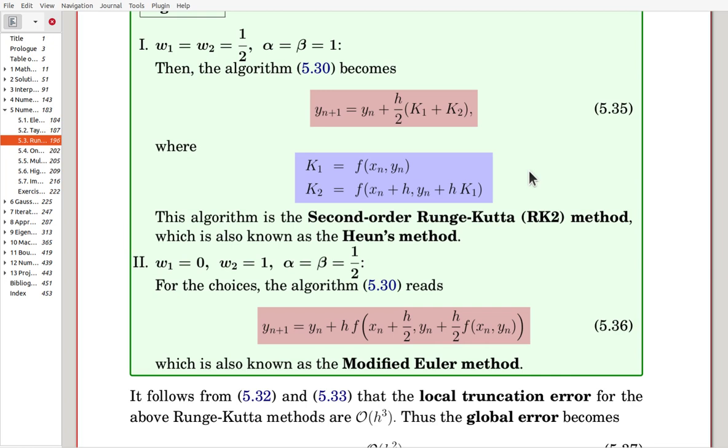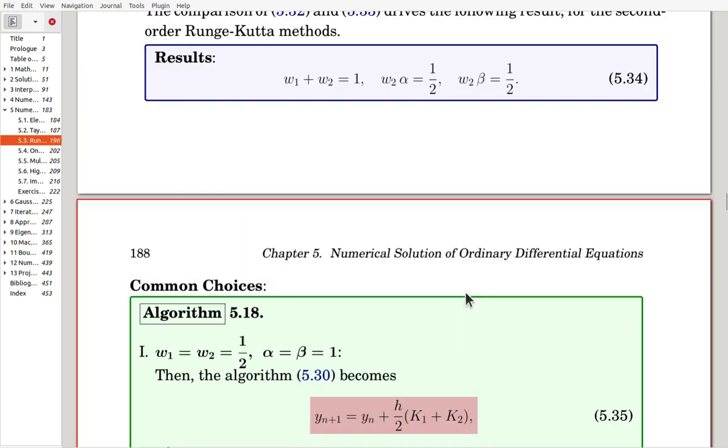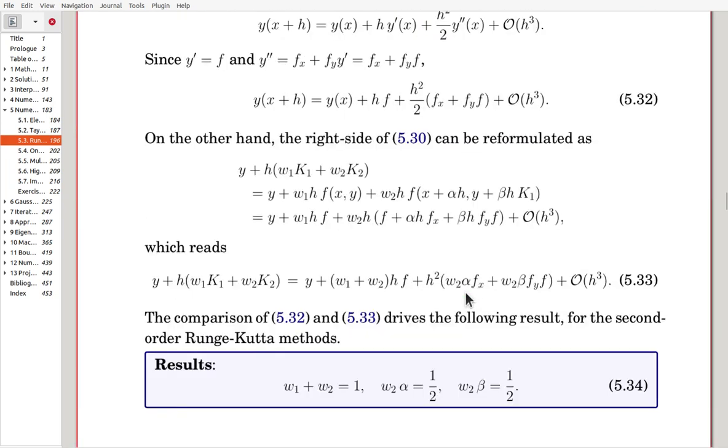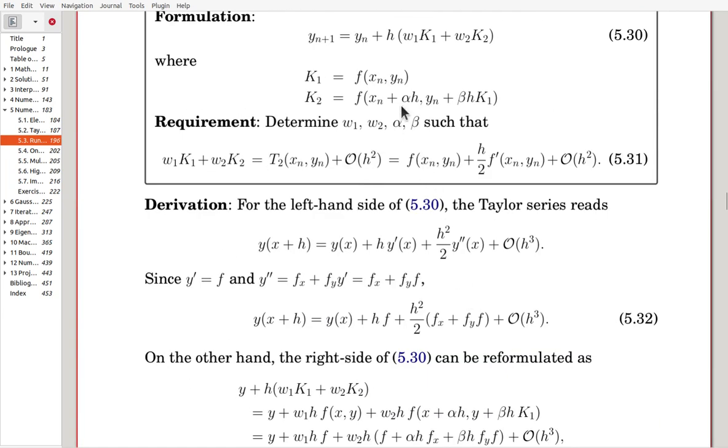Another choice is w1 is 0, w2 is 1, alpha, beta is half. Before going further, look at the formulation here.